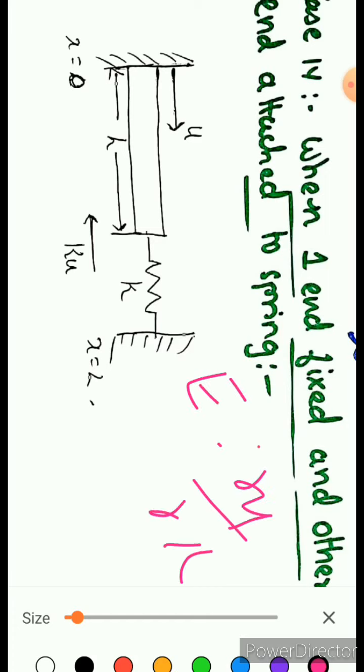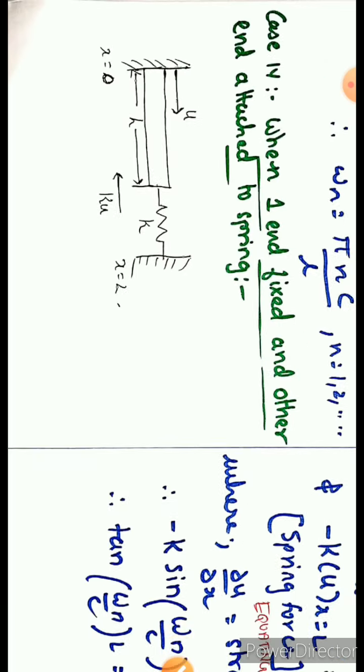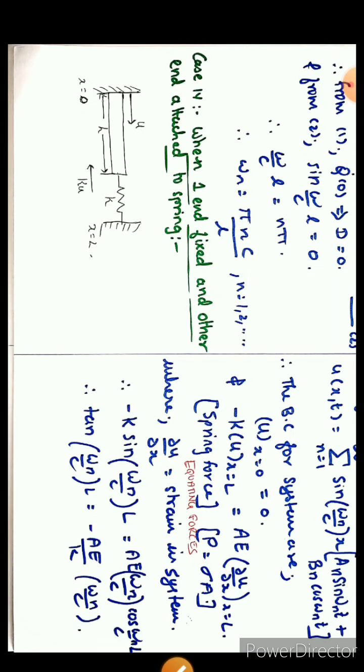This is the condition we have already drawn while solving the longitudinal vibration of a beam, but the only thing is that the spring is connected in this condition. Once again, as you can see, there will be a spring force acting in this direction, minus Ku, at x equal to L.